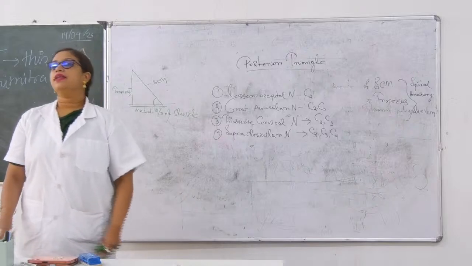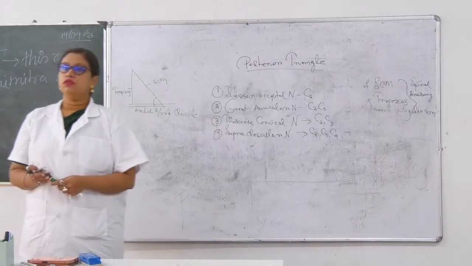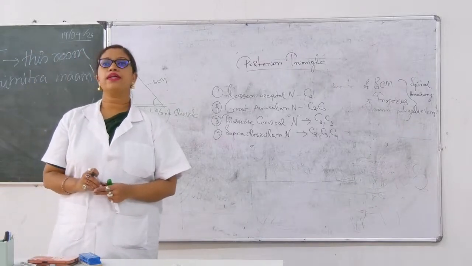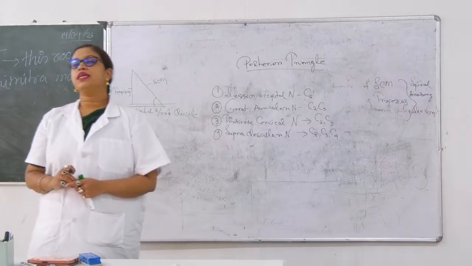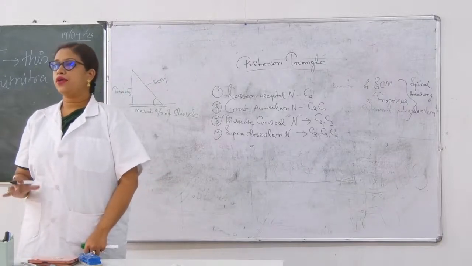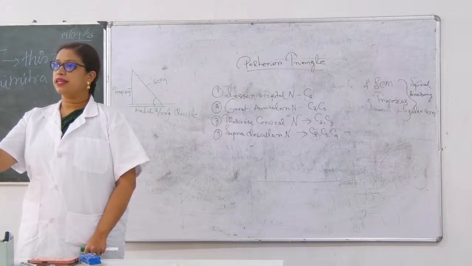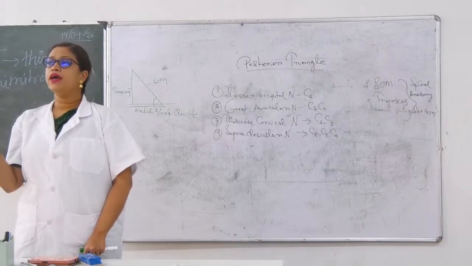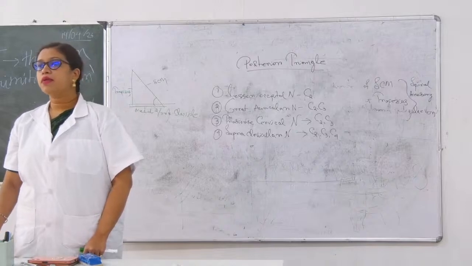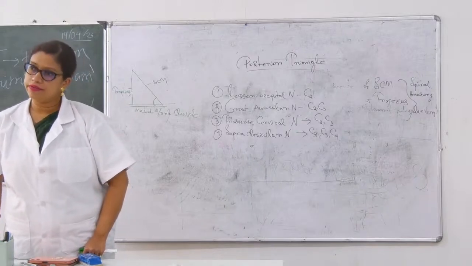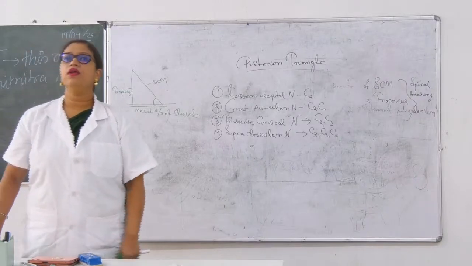Okay, then coming to the floor, very much important. What forms the floor? If you see the floor of the posterior triangle, you will get all the muscles, a layer of muscle covered by a very thin layer of fascia. That is nothing but the prevertebral layer of deep fascia. Okay, so write it down.